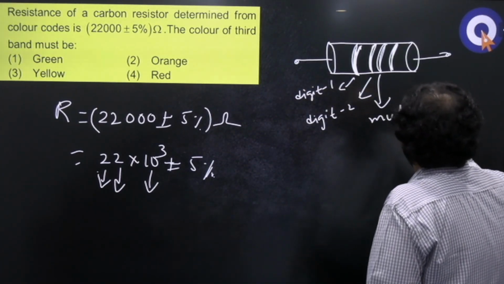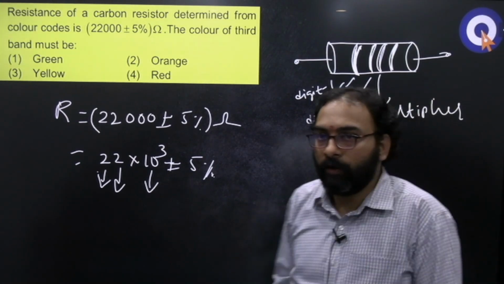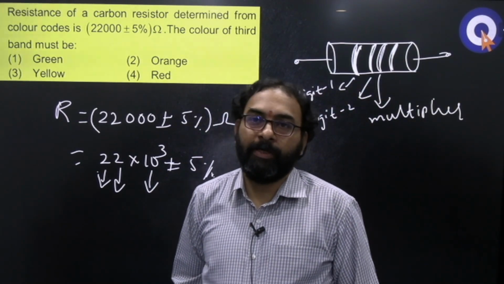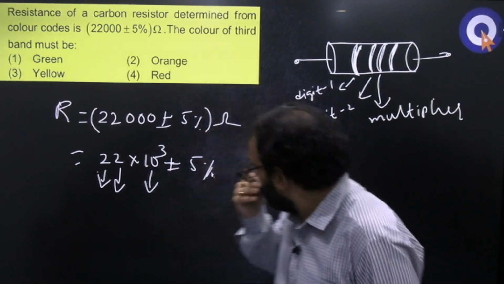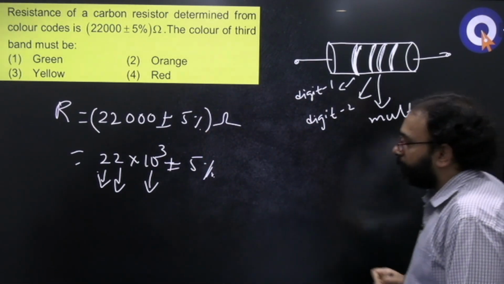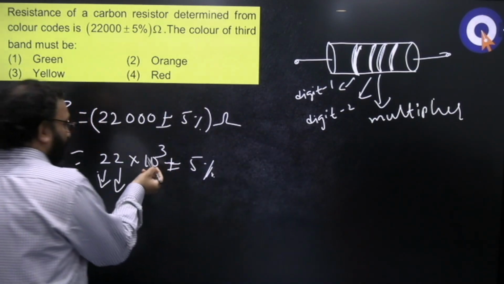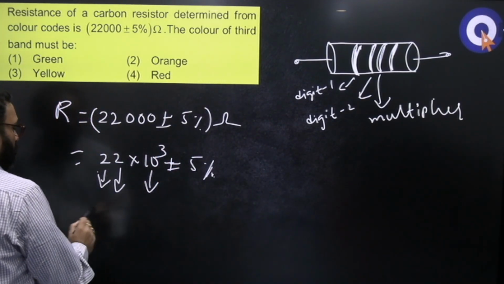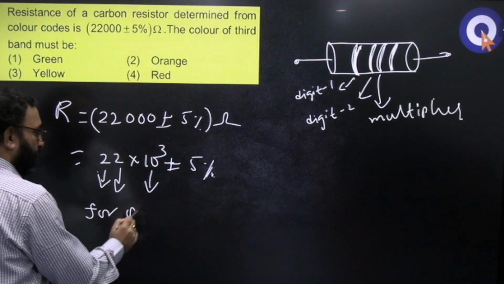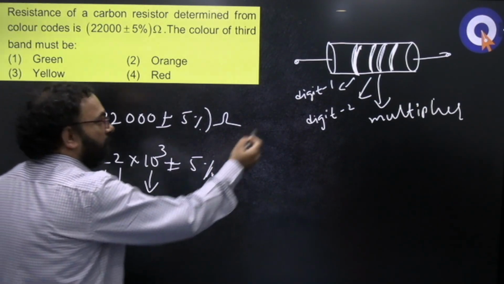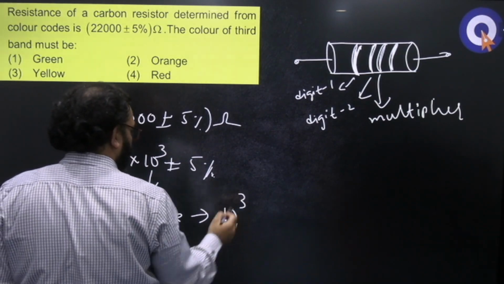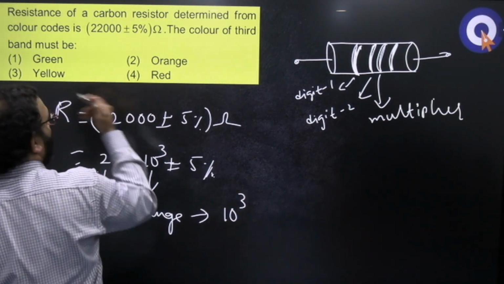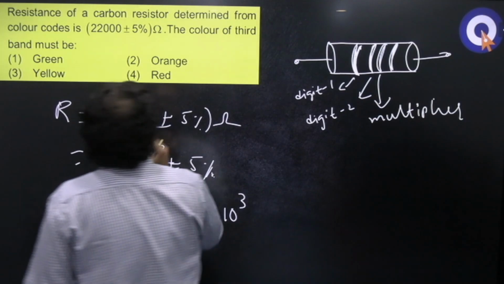So from the chart of BROY, black and so on, from the chart clearly it is 10 power 3, that is orange. So for the orange band, the color coding is 10 power 3. So n is equal to 3. So this is orange.